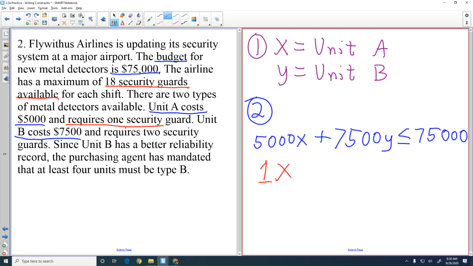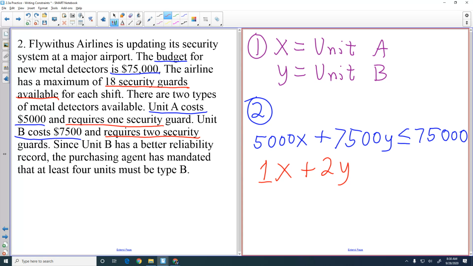We're going to add the number of security guards for the unit B. Well, how many guards does unit B require? 2 of them, right? So unit B requires 2 security guards. So we'd write that by writing 2y, because it takes 2 guards for every unit B. 2 times y.